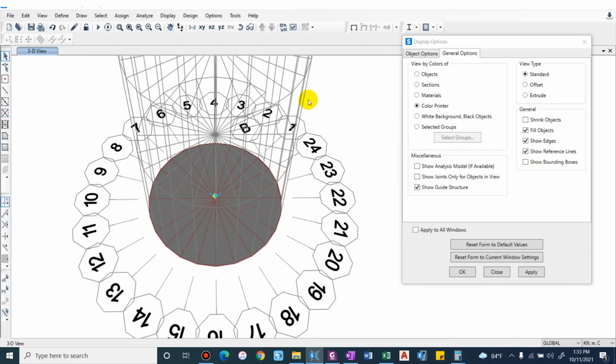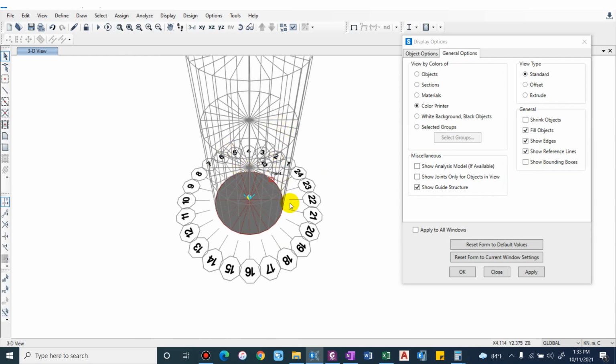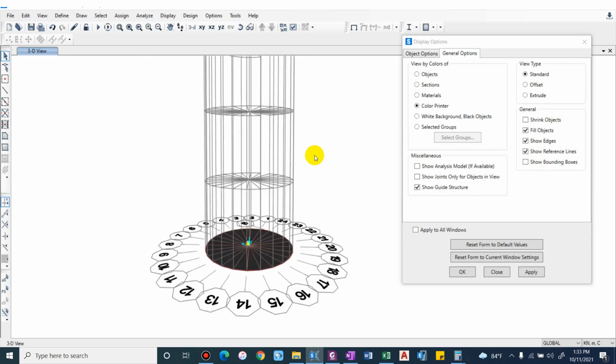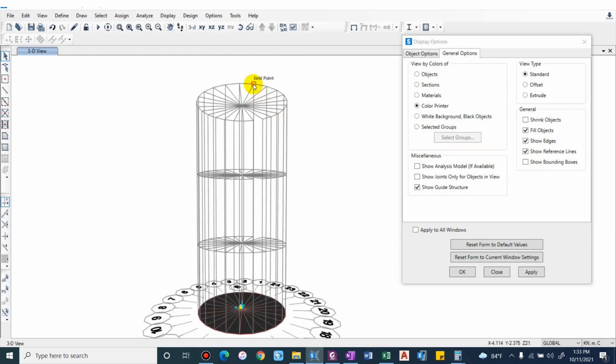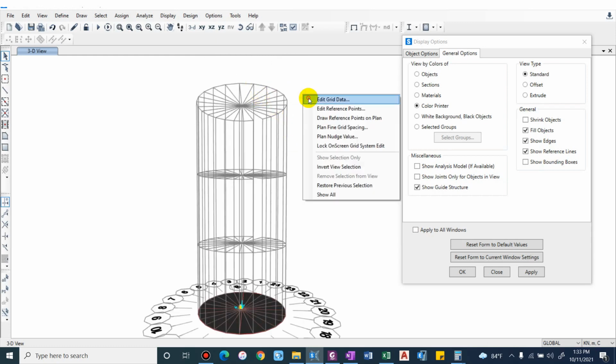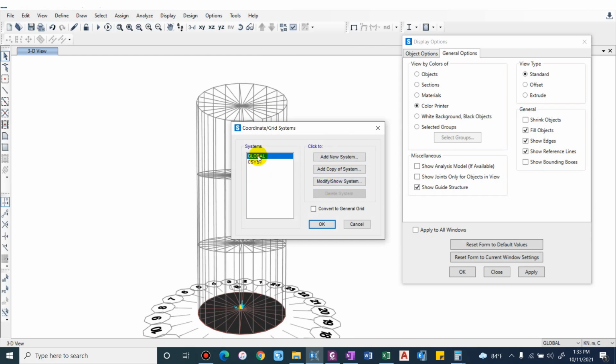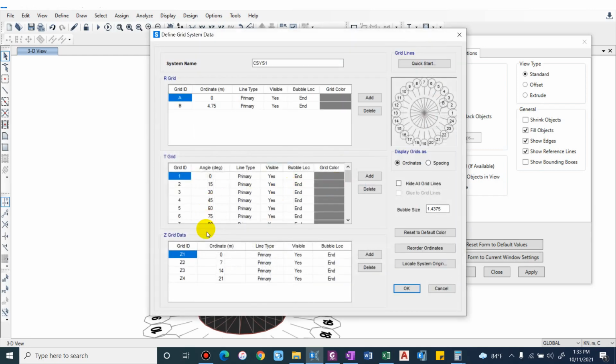Now we'll draw the wall element, and then we will provide projection for the base slab. So what was the height of the structure? 25.4, and for now the value is just 21. So now let us go to edit grid data, and in the C system, so this is the added system, modify, and we'll put this as 25.4.